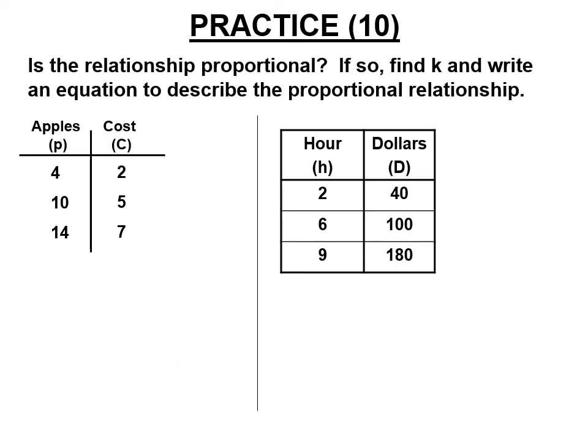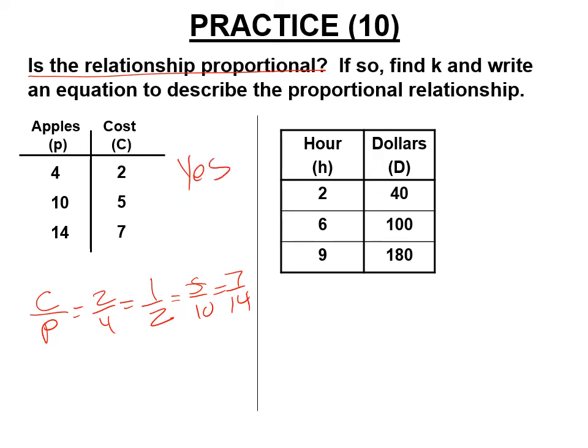Let's practice. All right, so the cost per pound is 2 over 4, which is 1/2. Oh, but I have to check, is the relationship proportional? So are they all 1/2? Is 5/10 and 7/14 1/2? Yes. So the answer is yes. K equals 1/2.